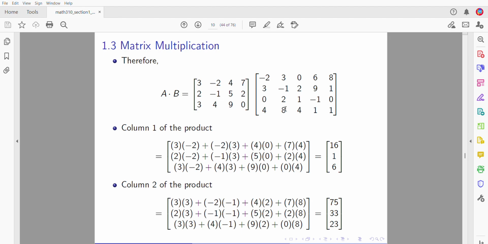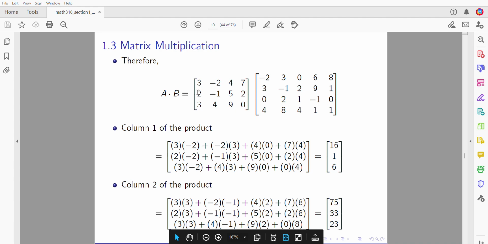That was row 1. Row 2, 2 times 3 plus negative 1 times negative 1 plus 5 times 2 plus 2 times 8. That was using row 2.